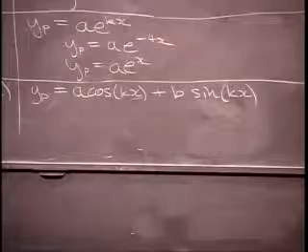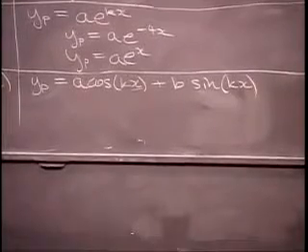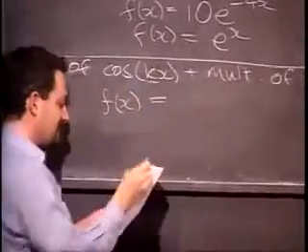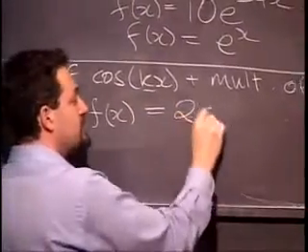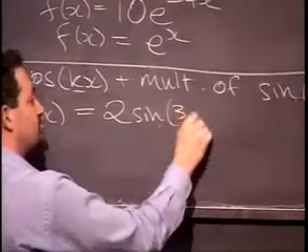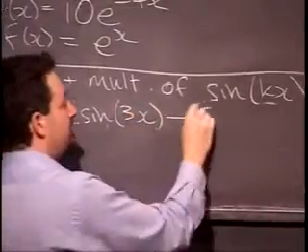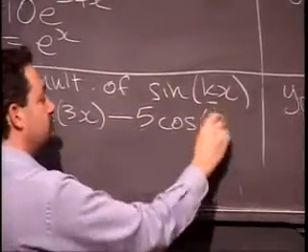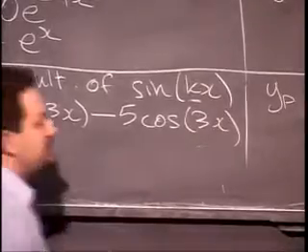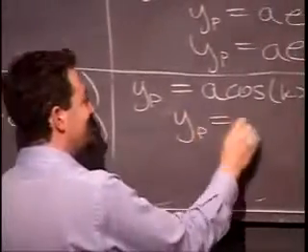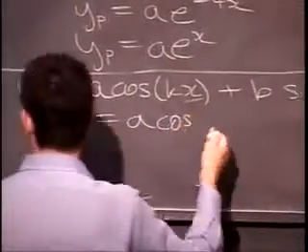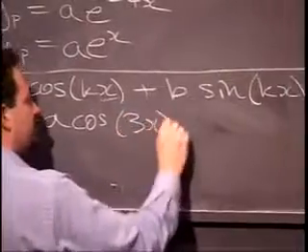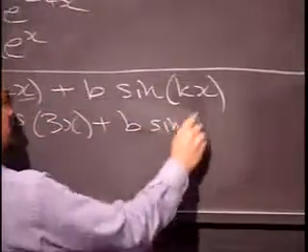For example, if f of x happens to be, on the right-hand side of your original differential equation, 2 sine 3x minus 5 cosine 3x, then the particular solution that you guess is a cosine 3x plus b sine 3x.